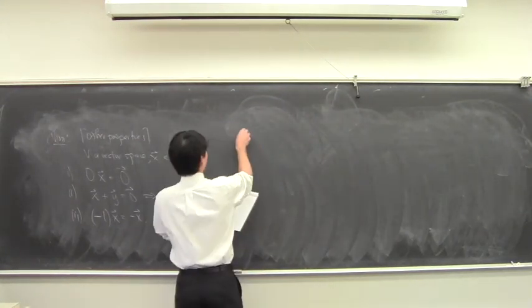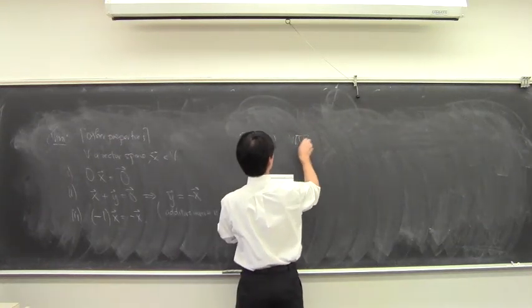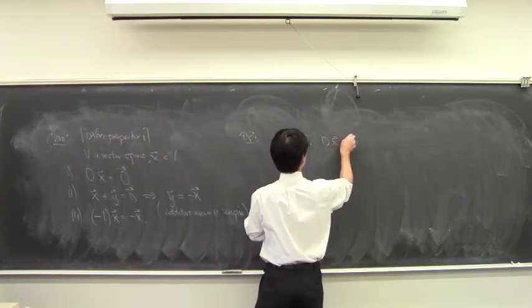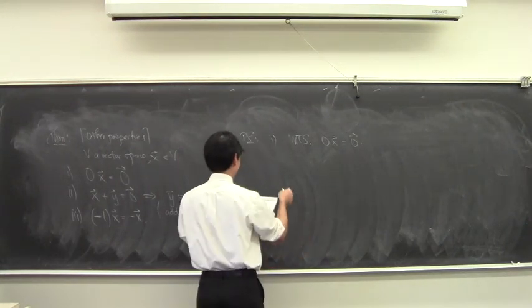Okay, so proof of number 1, we want to show that 0 times x is the 0 vector. So here we go.